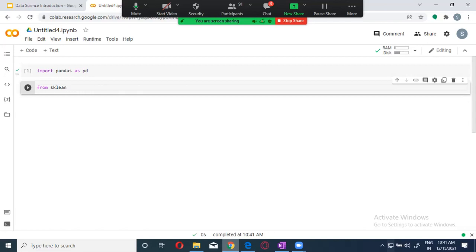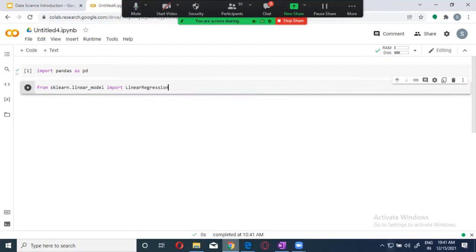So I'm importing, guys. There is sklearn, which is a library. Inside that there is something called linear_model. Now I'm importing from there, getting linear regression.